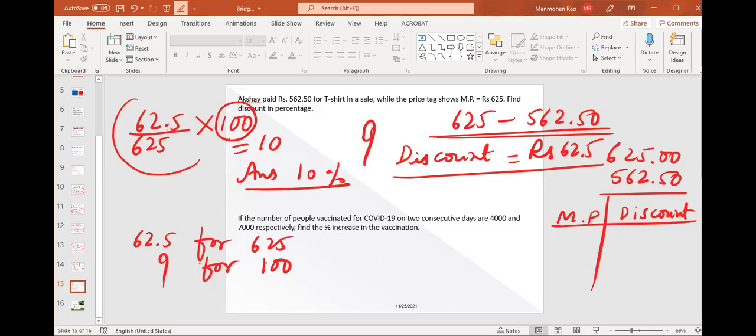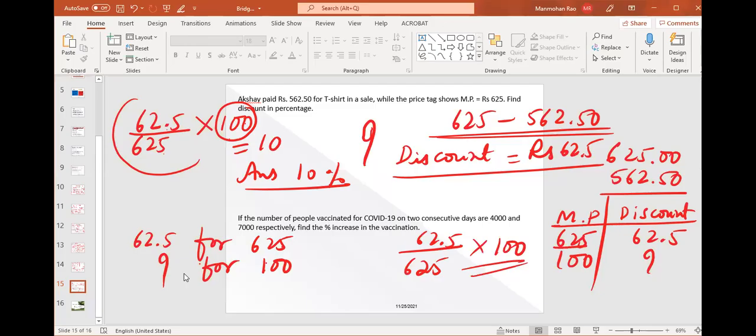Market price is 625, discount is 62.5. Market price is 100, discount is how much? You have to do a percentage calculation, so you always have to find it for 100. 100 is the standard money. Understood? You start with 625, 62.5. How much per 100?